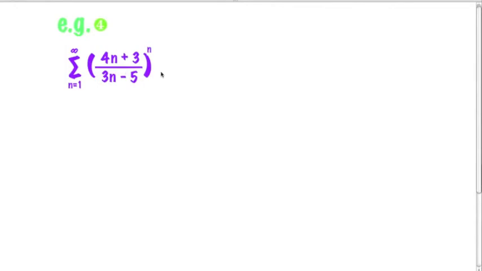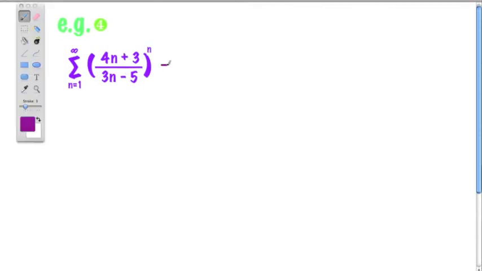In this fourth example, we will also be doing the root test. So we continue. We start from the limit as n goes to infinity of 4n plus 3 over 3n minus 5, and then we make it to the power of n.